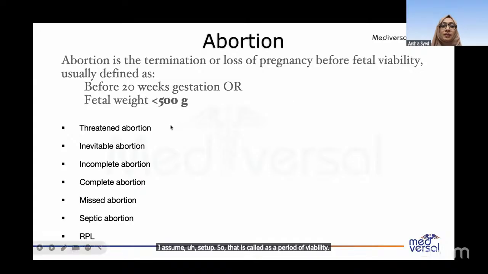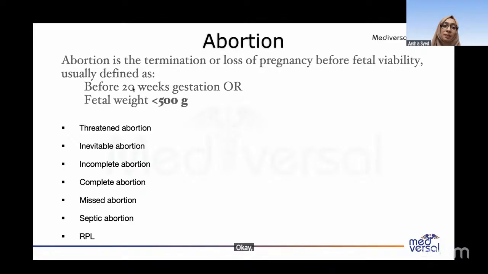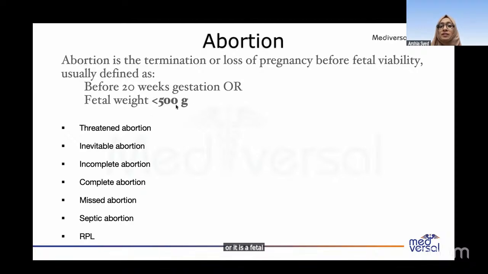In certain places we take it as 20 weeks, if you have a very well established neonatal care unit, and there are some places where they consider either 24 or 28 weeks. Either the weeks of gestation is taken into consideration, or a fetal weight of less than 500 grams.